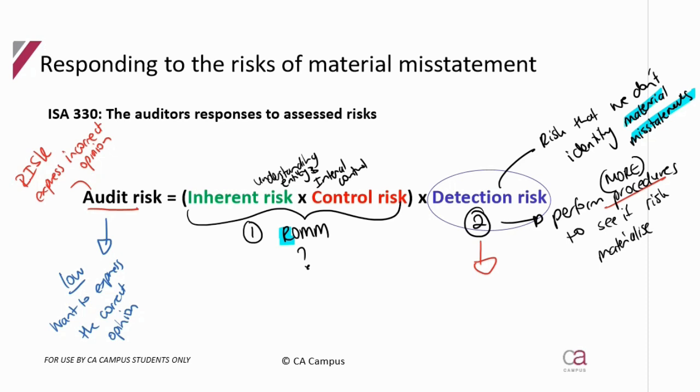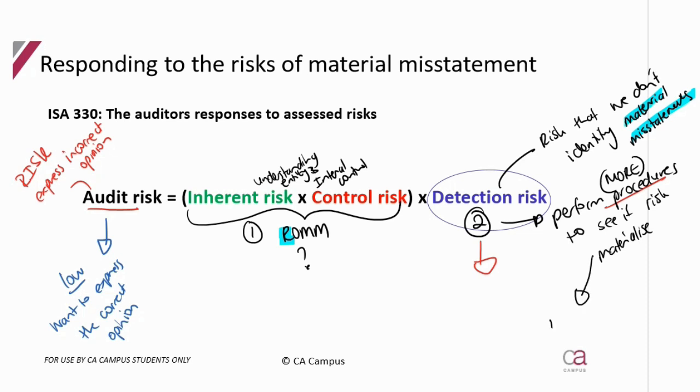And if we think the risk of material misstatements is low, we think these financials don't have material misstatements, then we could allow for the risk that we don't pick up material misstatements to be a little bit higher because we don't think there are misstatements anyway, in which case we would perform less procedures. But if we need to perform more procedures here, guys, then how would we do that?